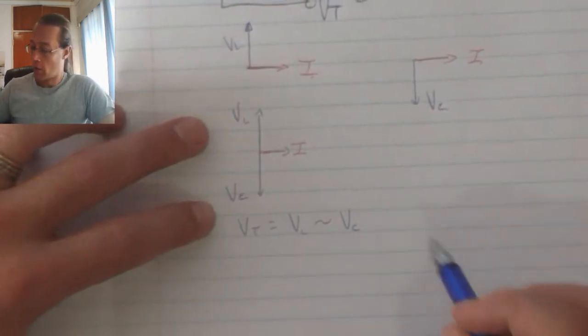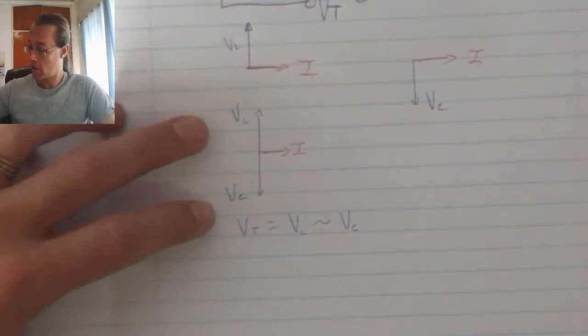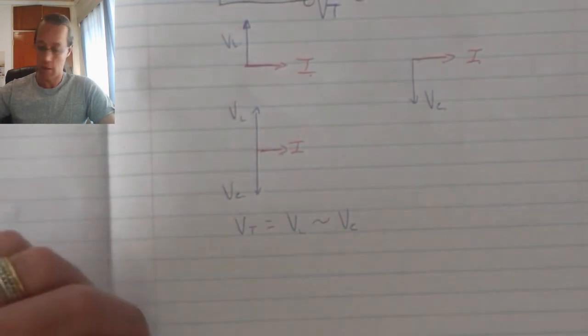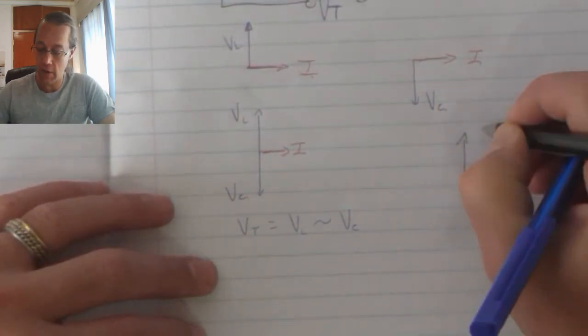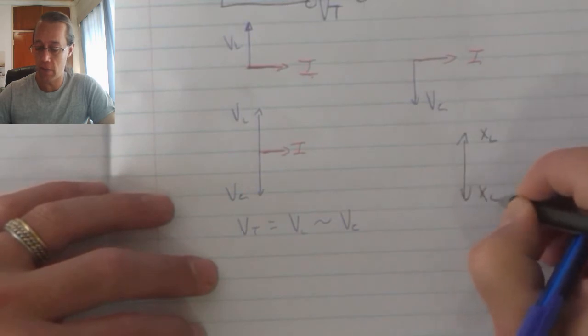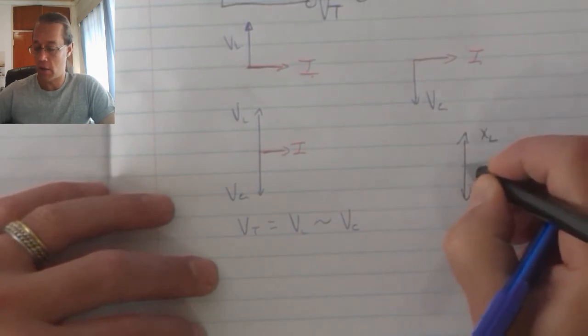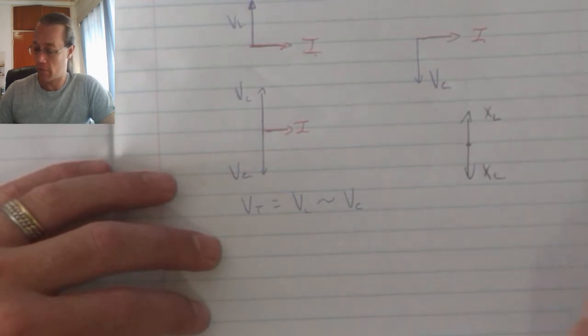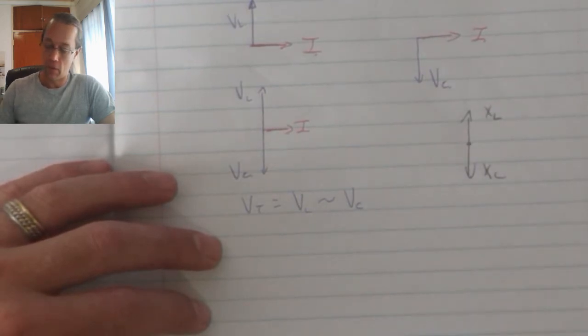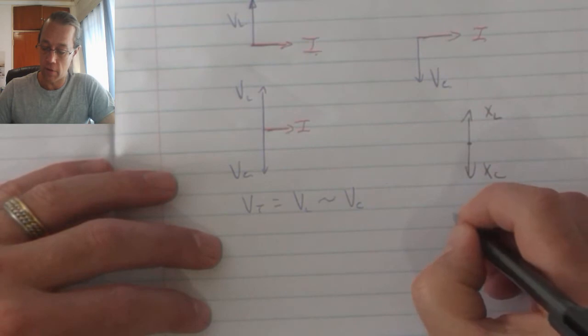When it comes to the impedance diagram, we get the same, except we have XL at the top, XC at the bottom. Wherever our 0 point is, that's our reference, and we're subtracting those two from each other in order to get a positive answer.